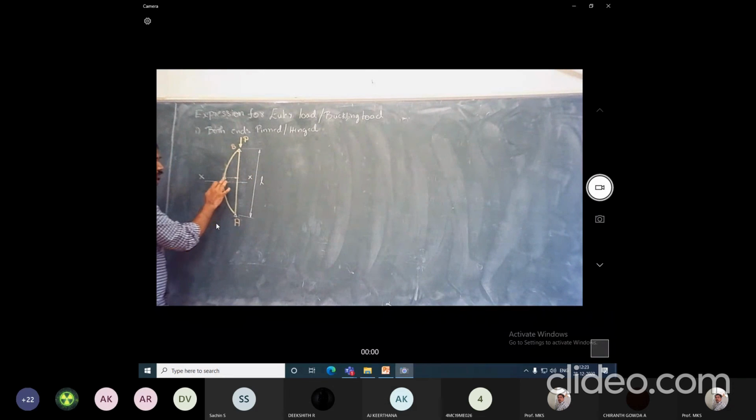The column is deflected by a distance y at the section, so this length is the deflection of the column, small y.